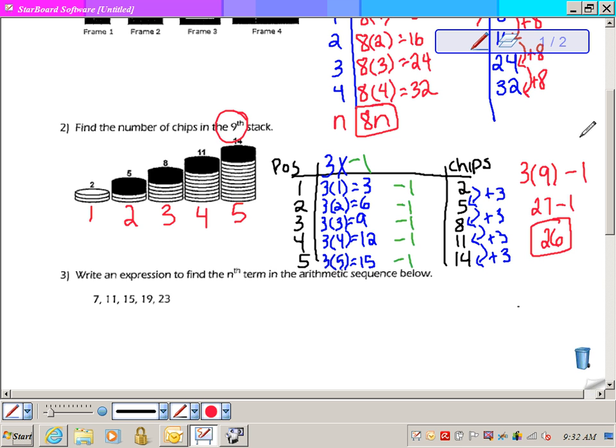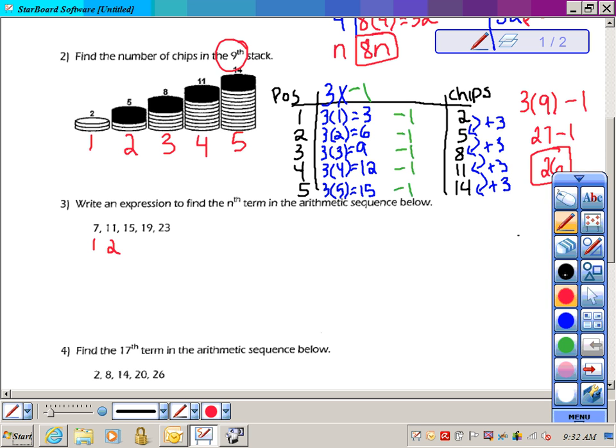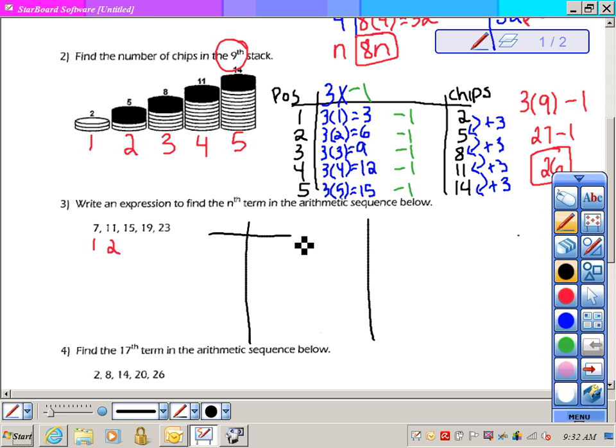Now I want you to try number 3. So when we're keeping these, what's 7 going to be? It's going to be position 1, and 11 will be position 2. I want you to come up with a table and figure out the nth term. Basically you're figuring out the shortcut. I want you guys to tell me what goes up here.